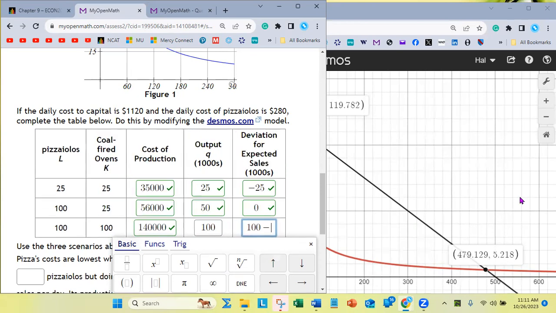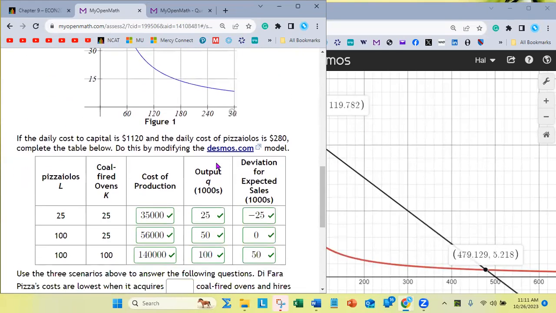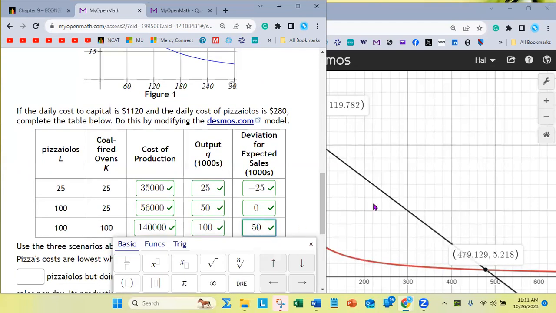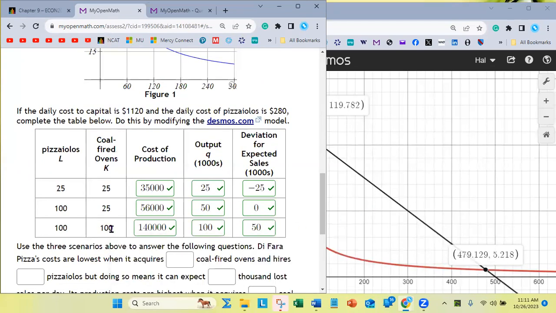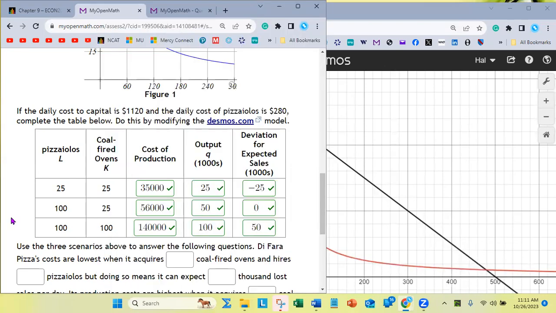So 100,000 minus 50,000 is 50,000. So we've overbuilt, haven't we? We've overexpanded our operation. We have too many coal-fired ovens. We're making too much pizza. We're not efficient. Our costs are too high.